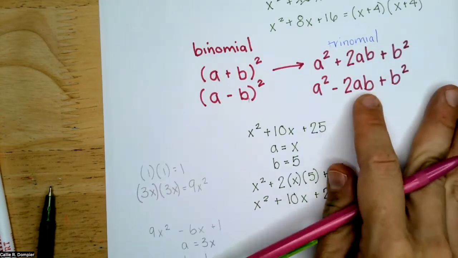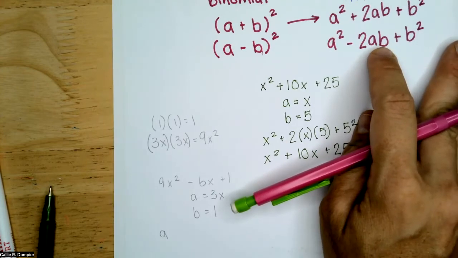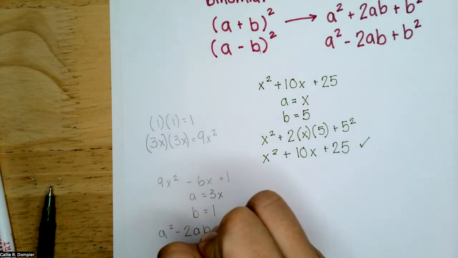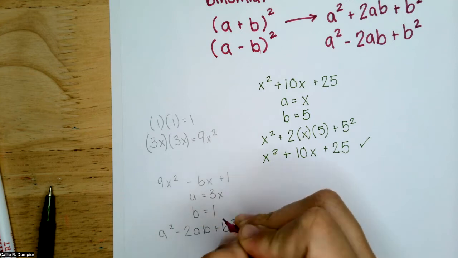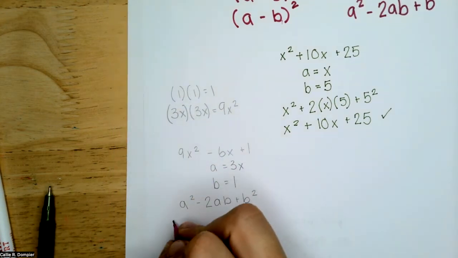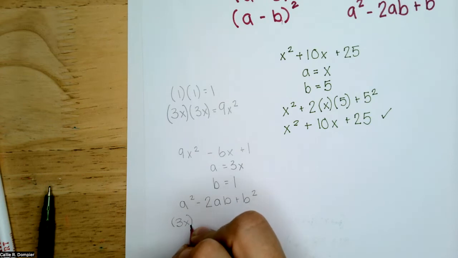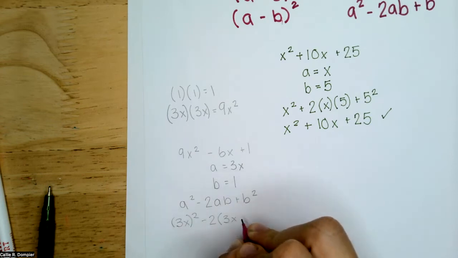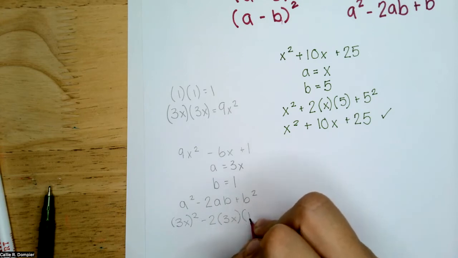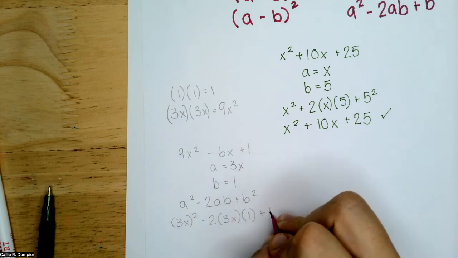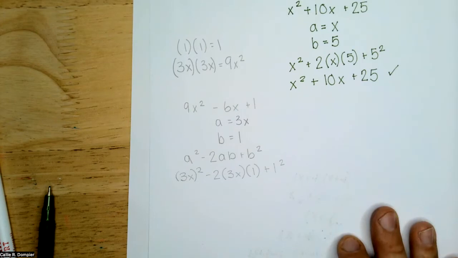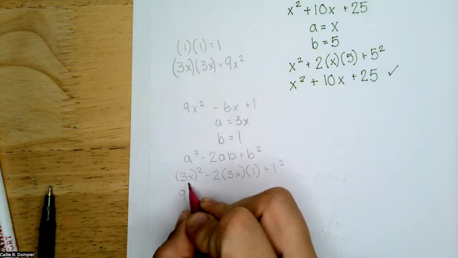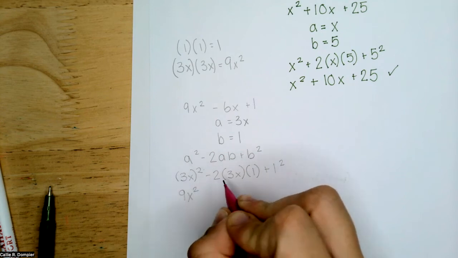So I'm going to use this trinomial formula: a squared minus 2 times a times b plus b squared. A squared is (3x) squared, minus 2 times 3x times 1, plus 1 squared. 3 squared is 9, x squared is x squared.